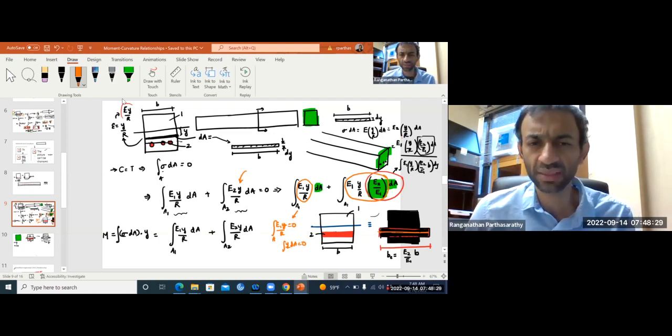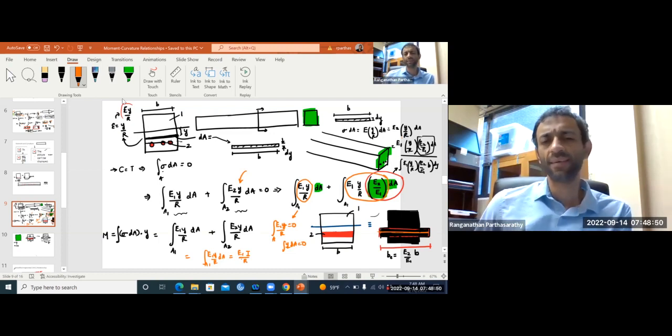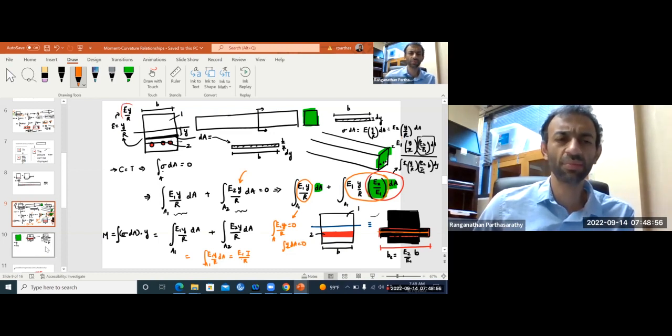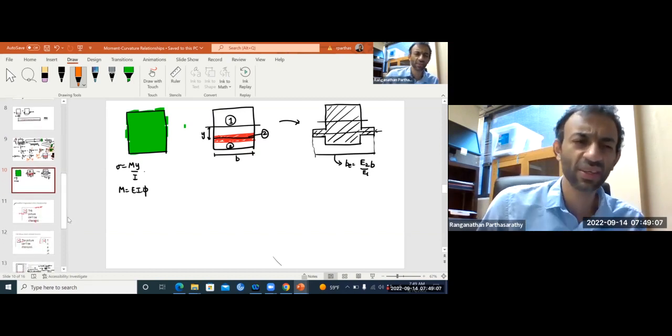Similarly here, when you convert to an equivalent area, you again get E1 y over r dA for your transformed beam. So this still becomes E1 I over r, right? In other words, when we make this change, we can still use all the old equations for a homogeneous cross-section. Bryson, you remember everything now?